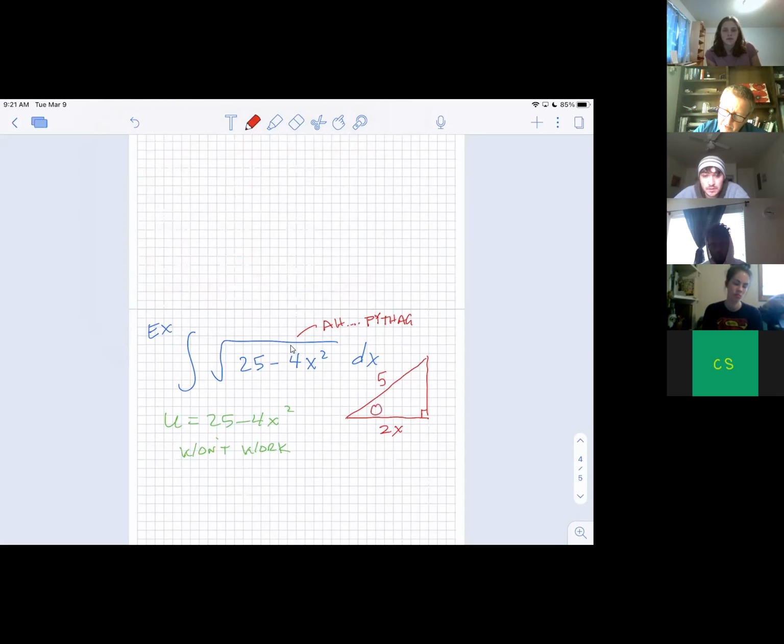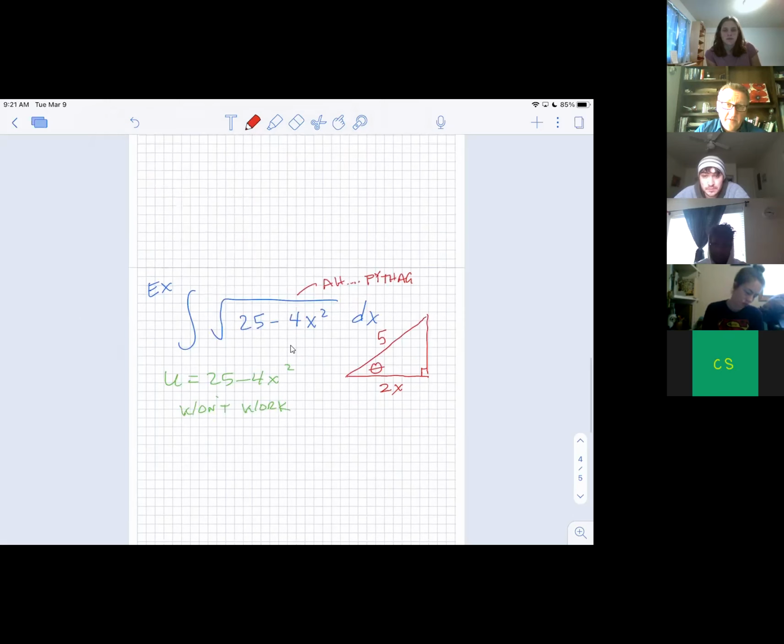If I come over here to this right triangle and I throw that angle in there, and then I note that, and this isn't the only way to write this, I could put the angle up here, and then this would be a sine problem, but I just chose to put it down here. And so that would be cosine of theta. The angle is theta. Cosine of theta is adjacent over hypotenuse.